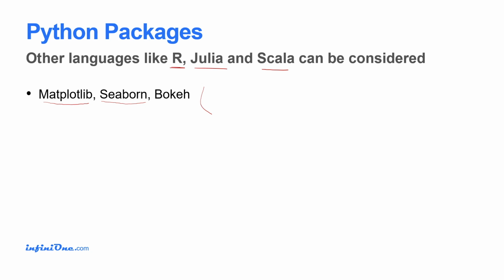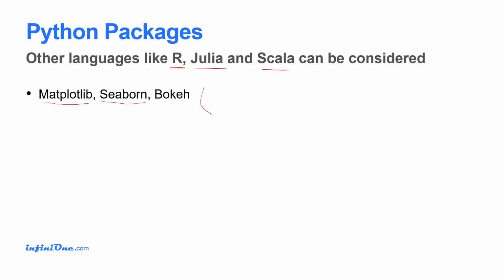Seaborn is a more high-level library, written on top of Matplotlib, that supports this kind of complicated plot in a really easy way, in terms of the number of lines of code we have to write. So Matplotlib is the most basic and most fundamental, and Seaborn, written on top of that, is good for the more complicated plots.